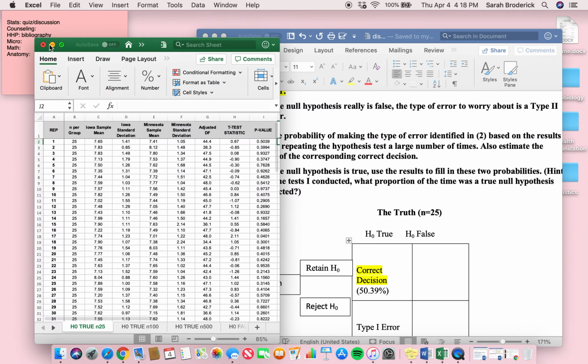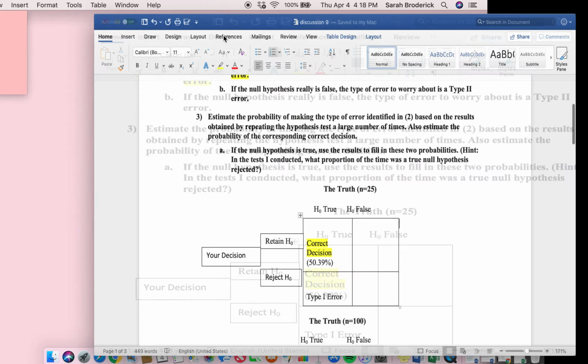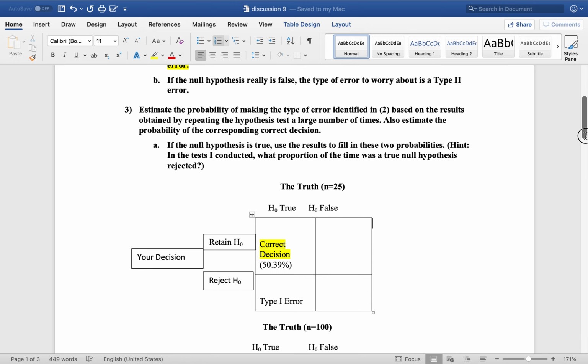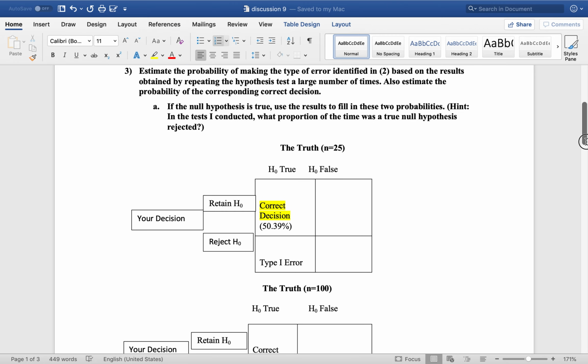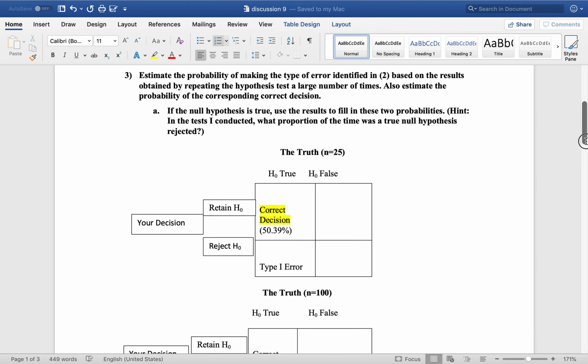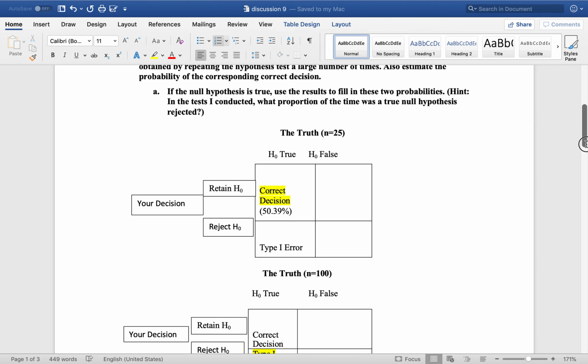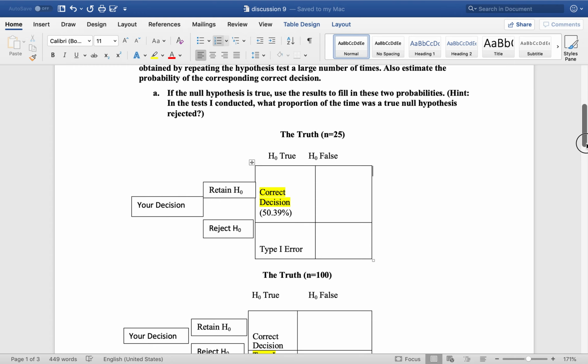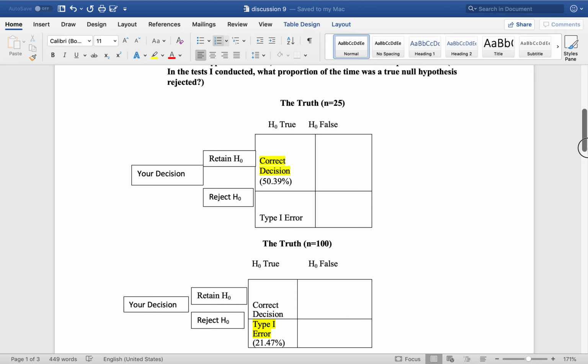That gave us our p-value for n equals 25. Our truth is n equals 25 on the top, and our decision is on the left. I decided that it was a correct decision because the hypothesis was true, and I decided to retain the null hypothesis. So I got 50.39%.